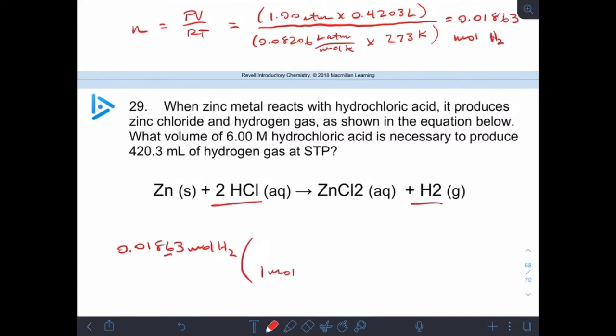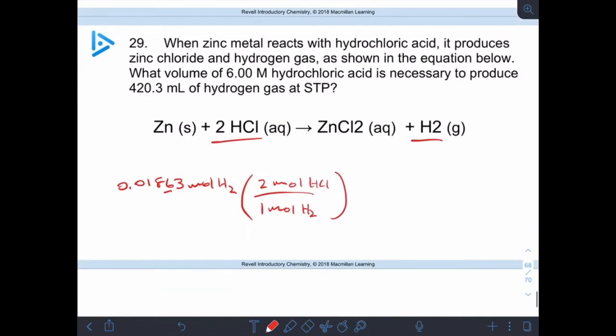Right, so there's 1 mole of H2 gas for every 2 moles of HCl. So times 2. Right? So if I stopped here, I would have moles of HCl.